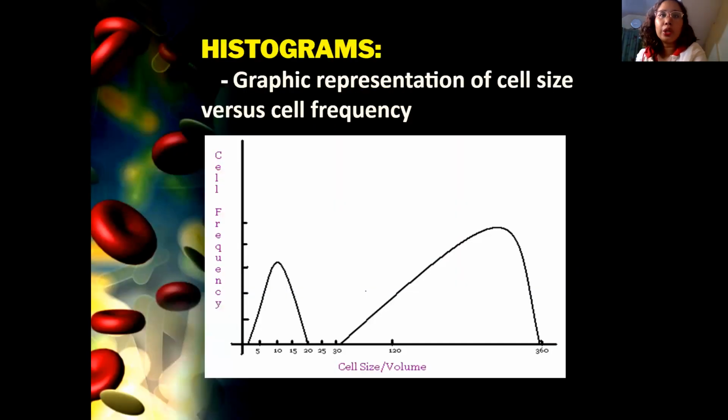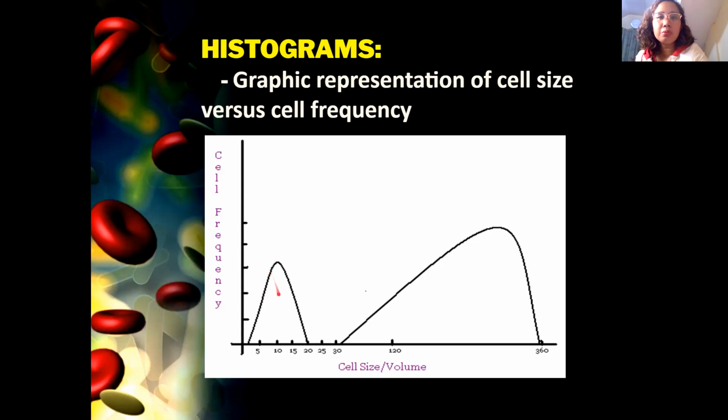In a histogram, what you will see is an X and Y axis. On the X-axis, you see the cell size and volume, usually in femtoliters as the unit, and the frequency.